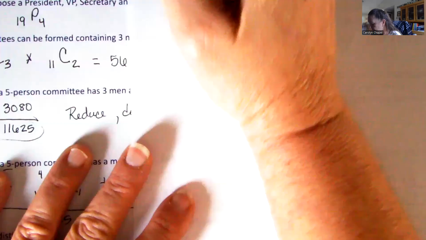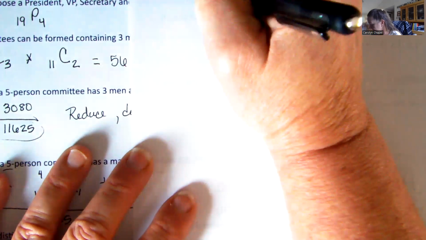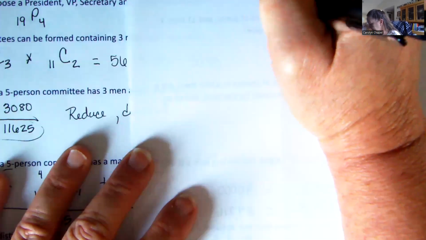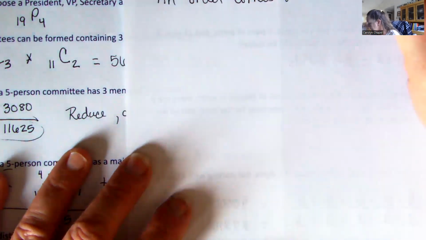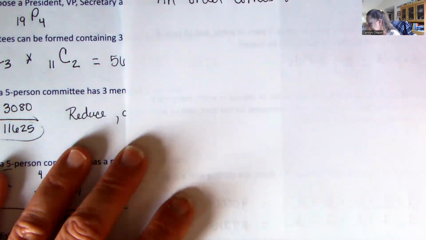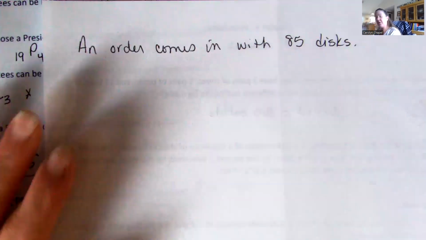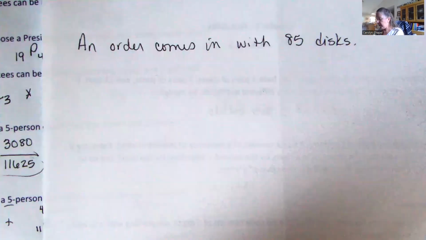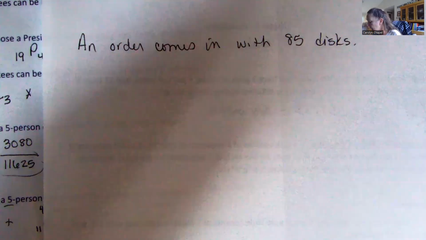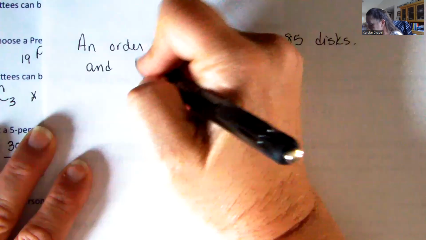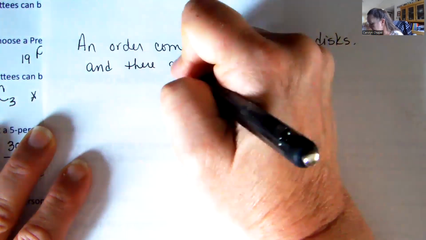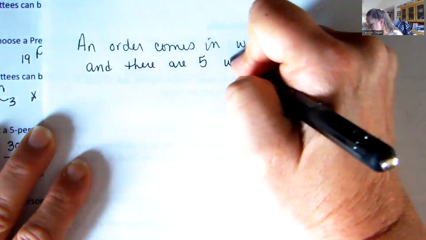So let's say we have an order comes in with 85 discs. Okay, so 85 discs. I don't know what these discs are. They might be a CD or a flash drive or something. And unbeknownst to us, there are 5 which are defective.